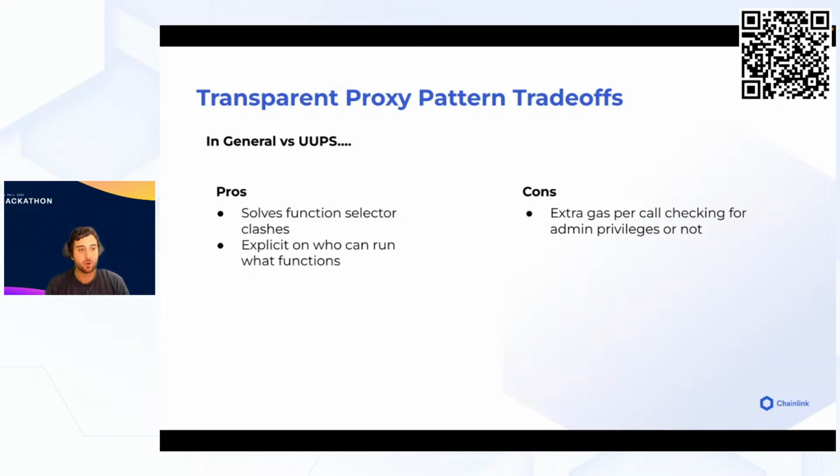So if you're reading that code, you know just from reading it, oh, this function is run by the admin, or this function isn't run by the admin, this is run by the users. So this explicitness can be a pro, right? Cons: because we're adding all these extra checks in between our functions in the transparent proxy trade-off, it adds extra gas. So again, if you're gas constrained, that might not be the route for you.